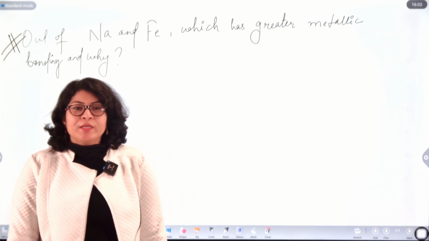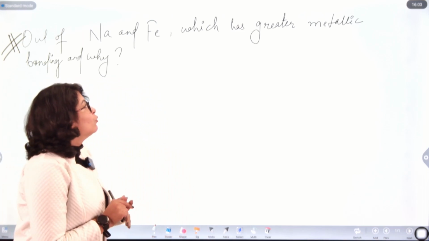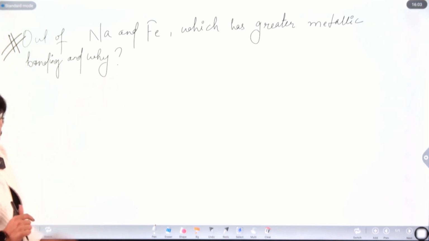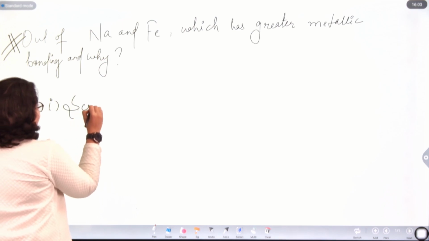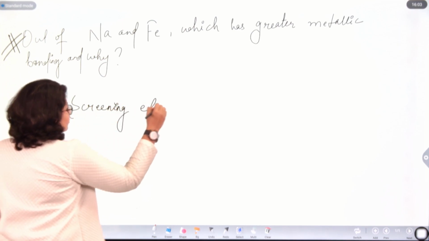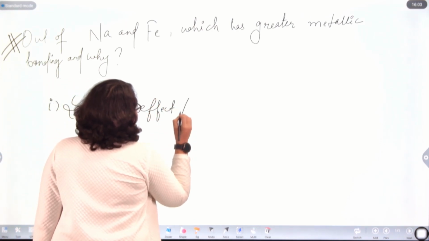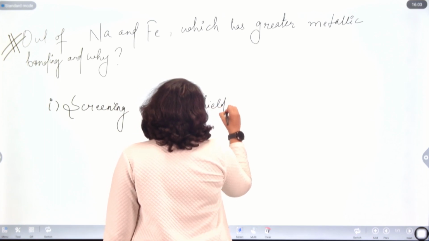So before taking up this question, there are two key factors you need to understand for understanding the concept behind this. One is screening effect, which is otherwise known as shielding effect.